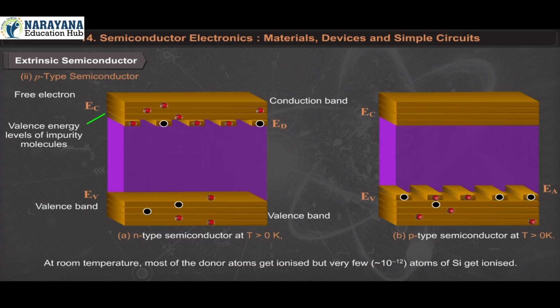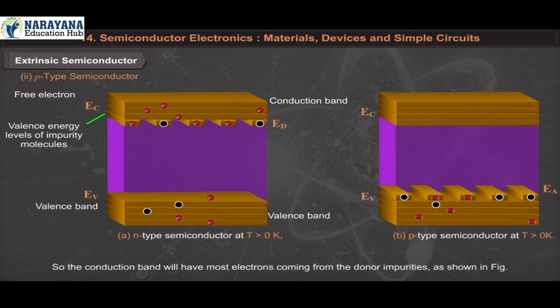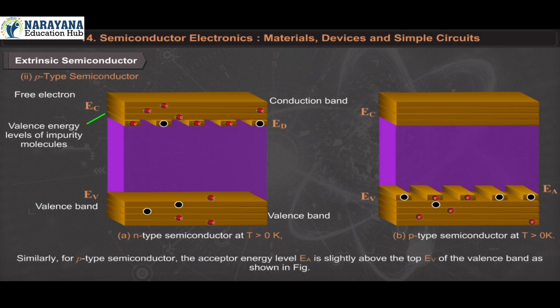At room temperature, most of the donor atoms get ionized, but very few, similar to 10⁻¹² atoms of silicon, get ionized. So the conduction band will have most electrons coming from the donor impurities as shown in figure.